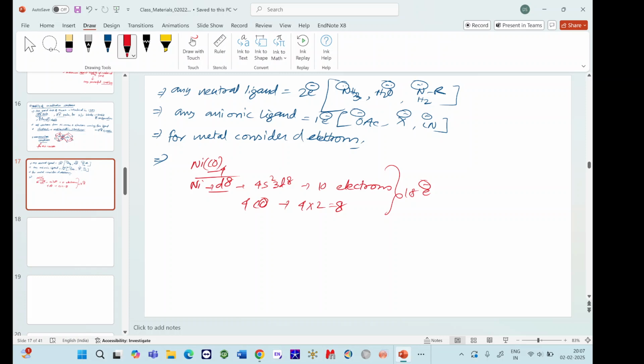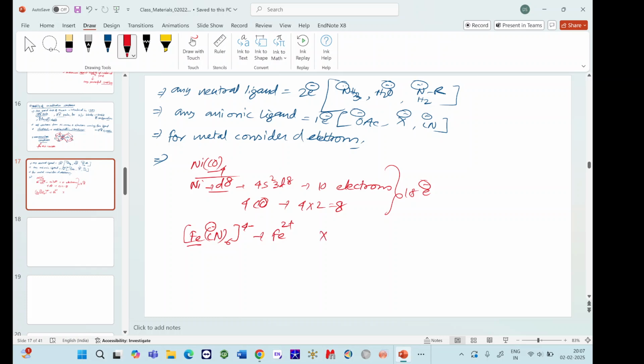Let us solve for another one. Fe(CN)6 4 minus. Altogether there is 4 minus, CN is each 1 minus. Then what will be the oxidation state of iron? It is iron 2 plus.